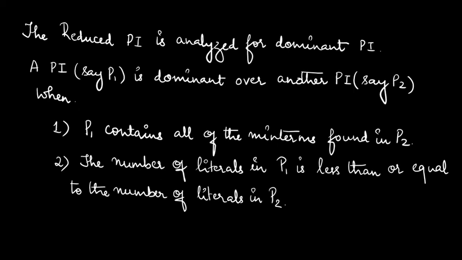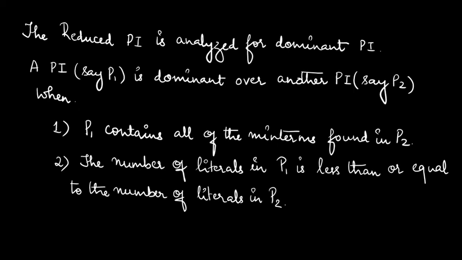For a reduced prime implicant table, we need to find the reduced prime implicant, which is analyzed for a dominant prime implicant.